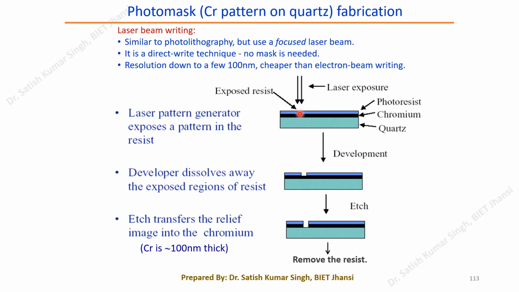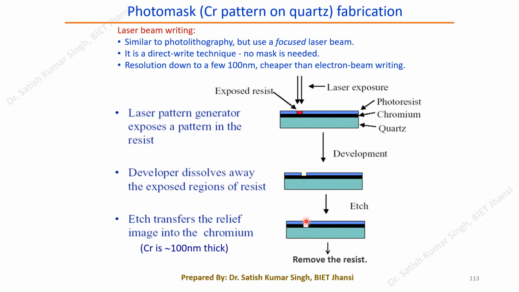After exposure, its chemical property changes, a particular developer solution is used, and this portion can be removed. After removing it, we have to remove the underlying chromium layer. We use certain chemicals that selectively etch out the chromium layer, and that way we make the window at this point.